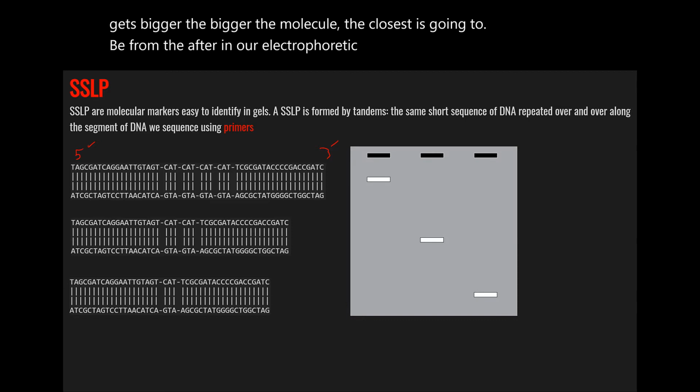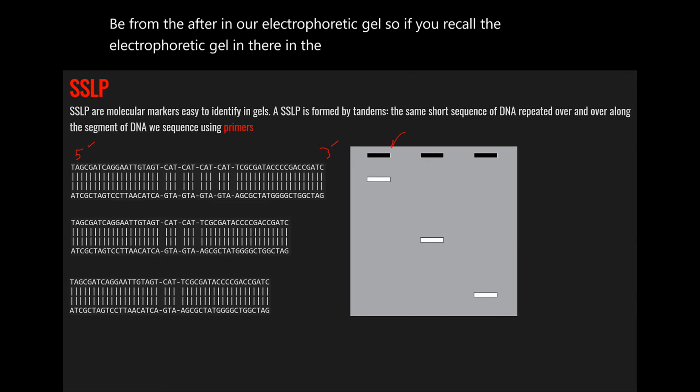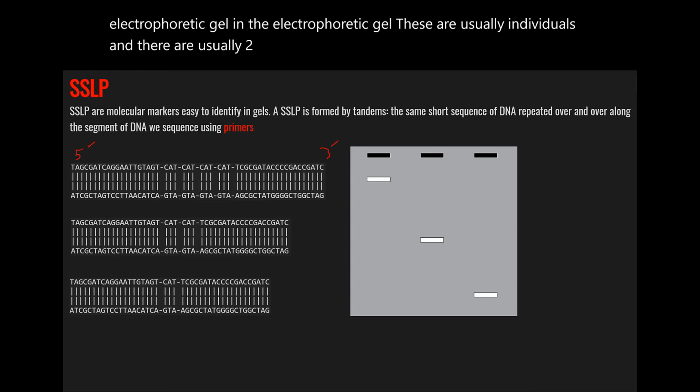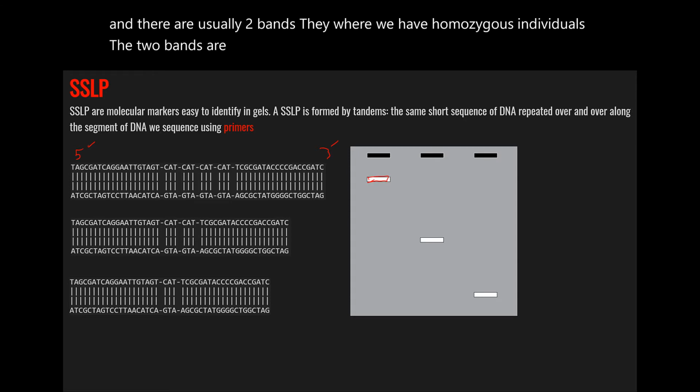So if you recall the electrophoretic gel, these are usually individuals, and there are usually two bands. Where we have homozygote individuals, the two bands are together, making it look like one thicker band.